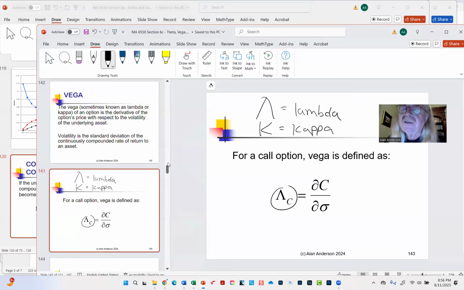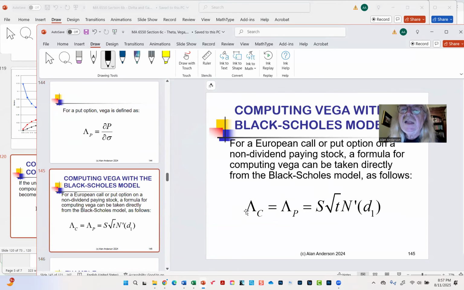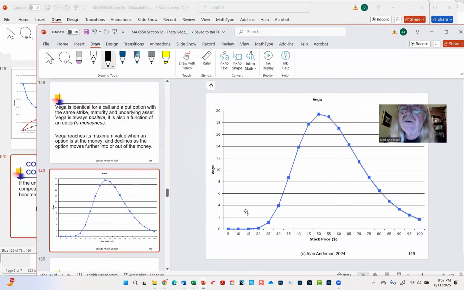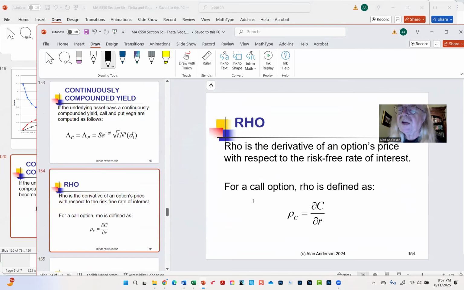But this represents the sensitivity of the call price to changes in the volatility. And then this is the equivalent version for the put. And then the last one of the Greeks that we'll be seeing here is the rho, which refers to how much the option price changes as a result of changes in interest rates.